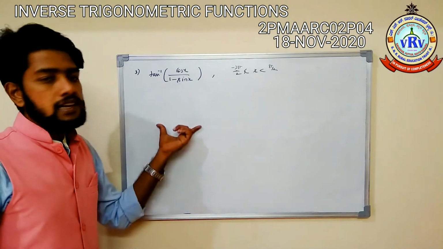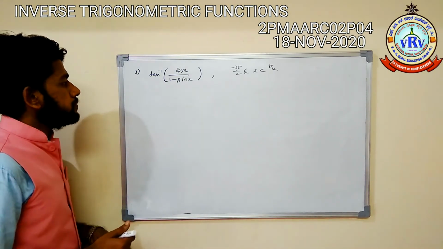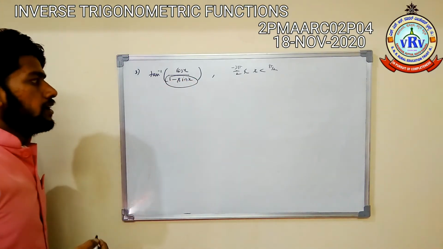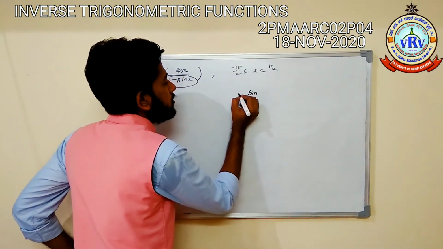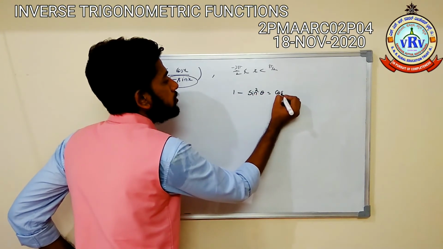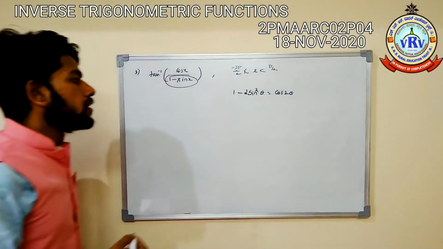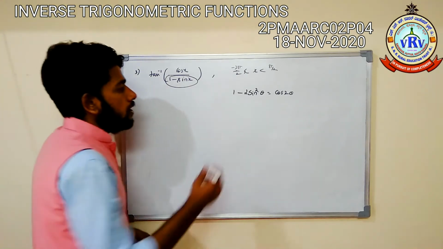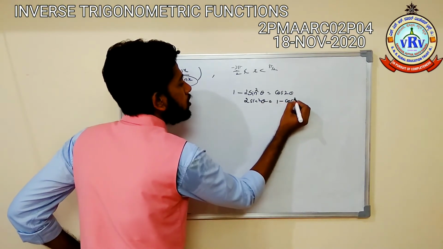For that, the main thing is here it is 1 minus sin x, and we know 1 minus 2 sin square theta is equal to cos 2 theta, or I can write 2 sin square theta is equal to 1 minus cos 2 theta.